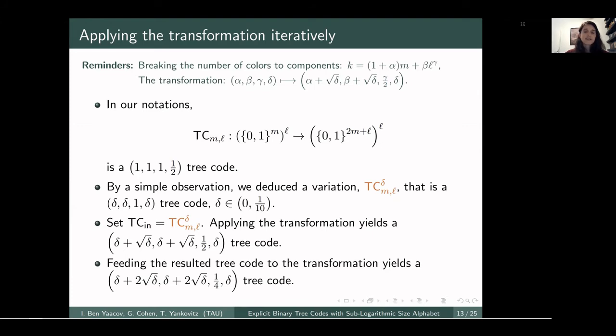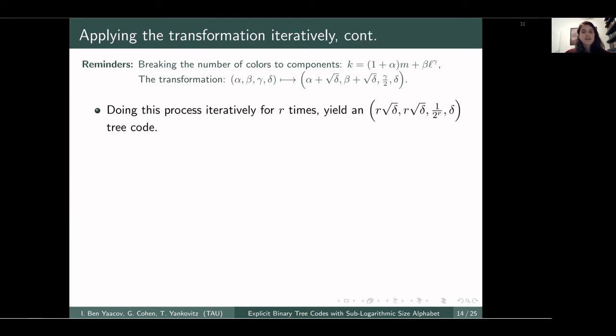Now we take the resulting tree code and feed it to the transformation to further improve its parameters. Keep doing this process iteratively for r times yields a 2r times square root of delta to the power of minus r, delta tree code.